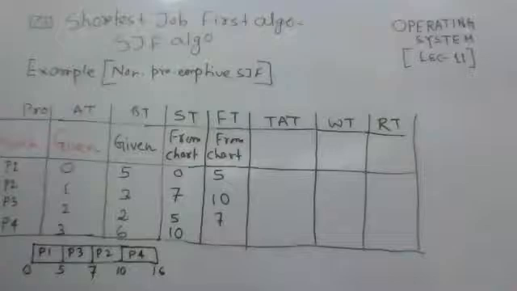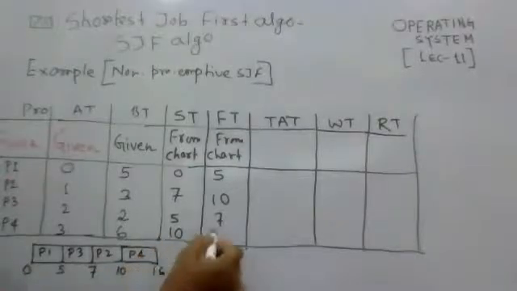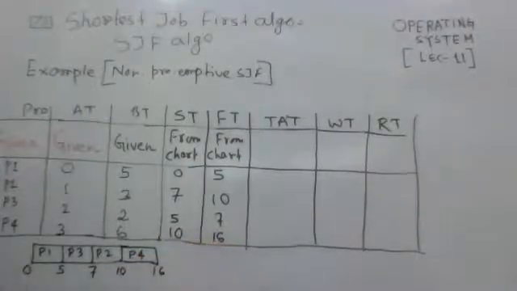And finish time of P4 is 16. So this starting time and finish time or completion time, we can write directly from the chart. Once you design this chart, you can write the starting time and finish time directly from it.